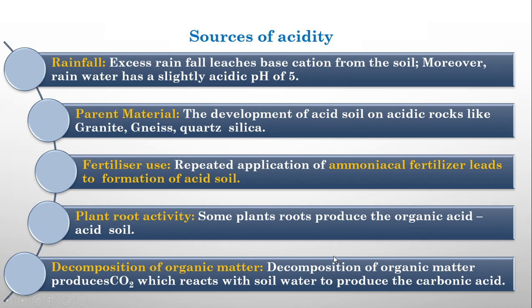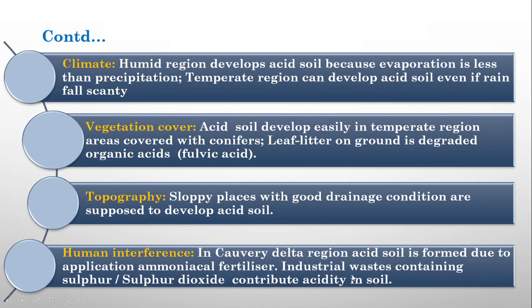Fertilizer use, some types of fertilizers, ammoniacal fertilizers, lead to the formation of acid soils. Plant root activity, some plant roots produce organic acids, fulvic acid, which causes acid soil. And deposition of organic matter, so all these can cause acidity to the soil.